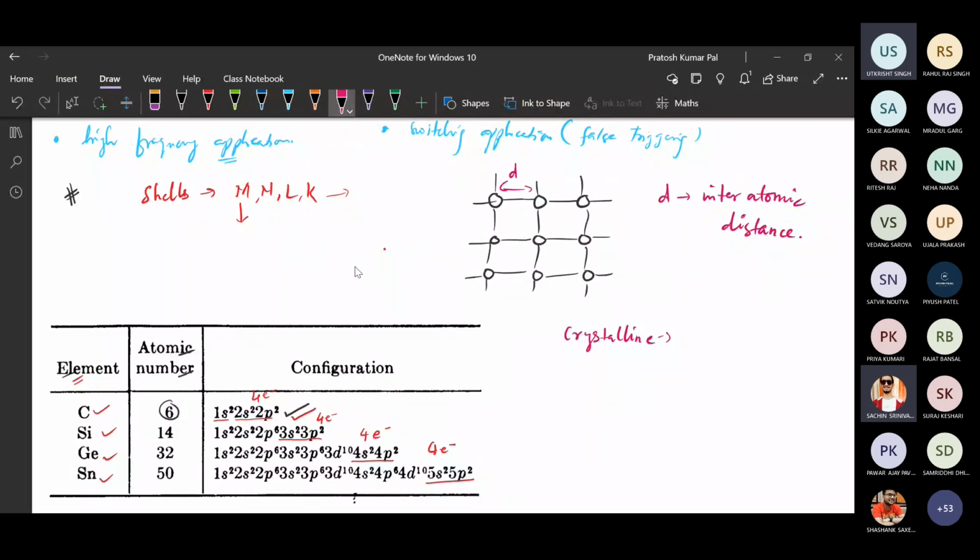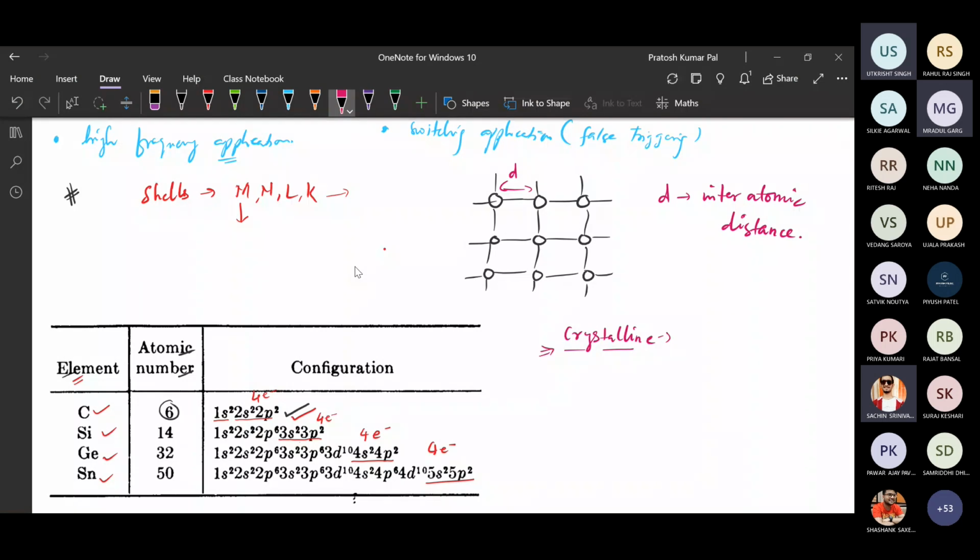This orderly combination of atoms to form a crystal is called a crystalline metal or semiconductor. In that, the atoms are arranged in a regular array, a pattern of atoms and molecules, and that representation is a crystalline representation.